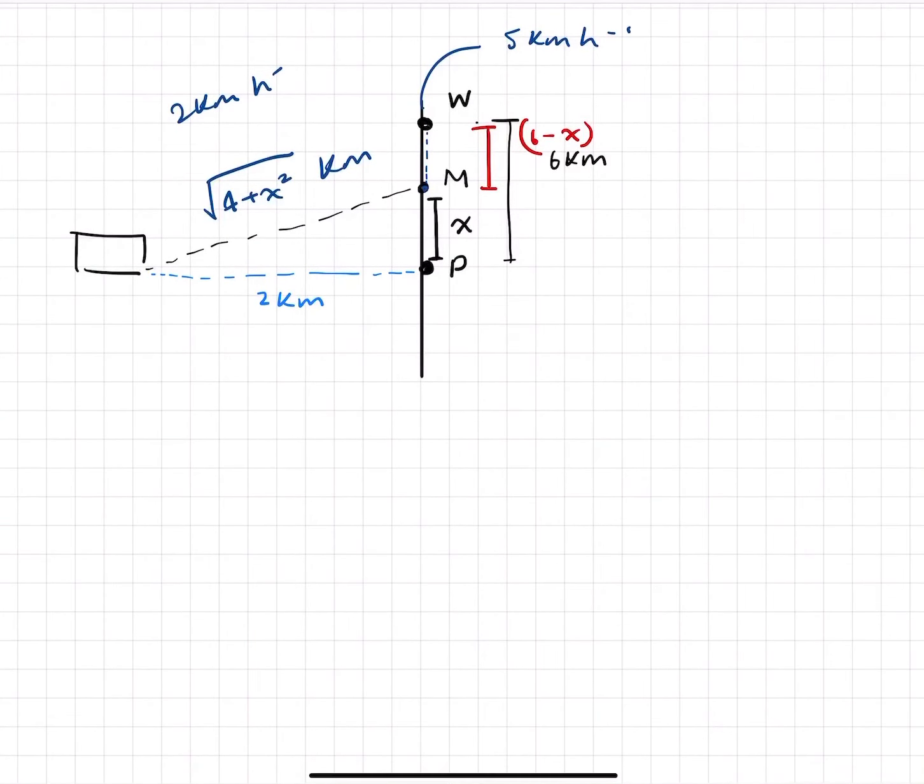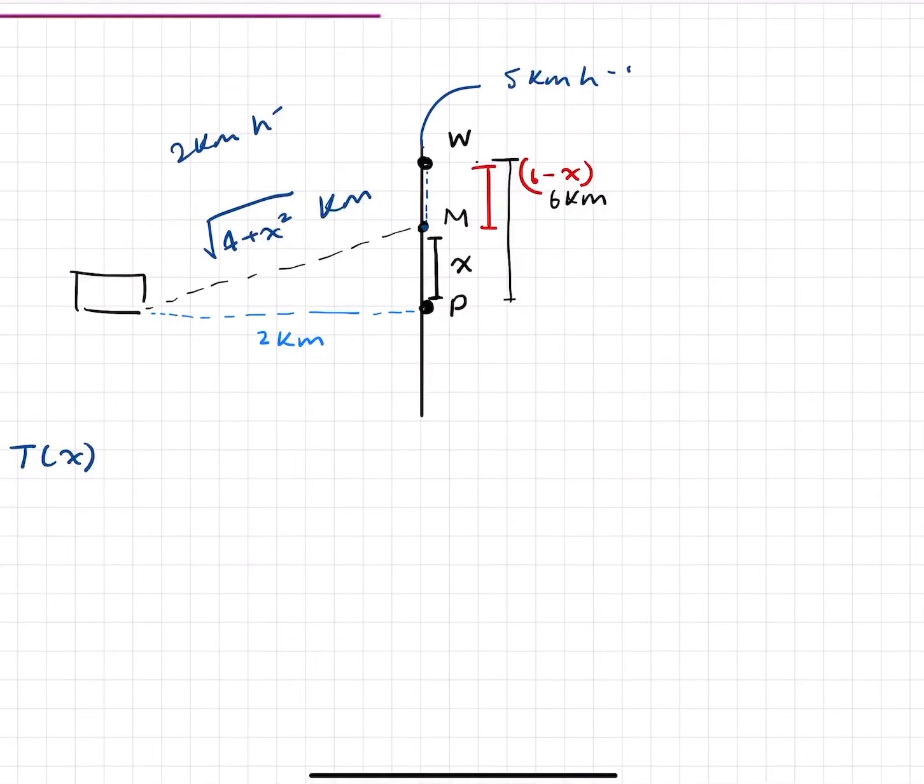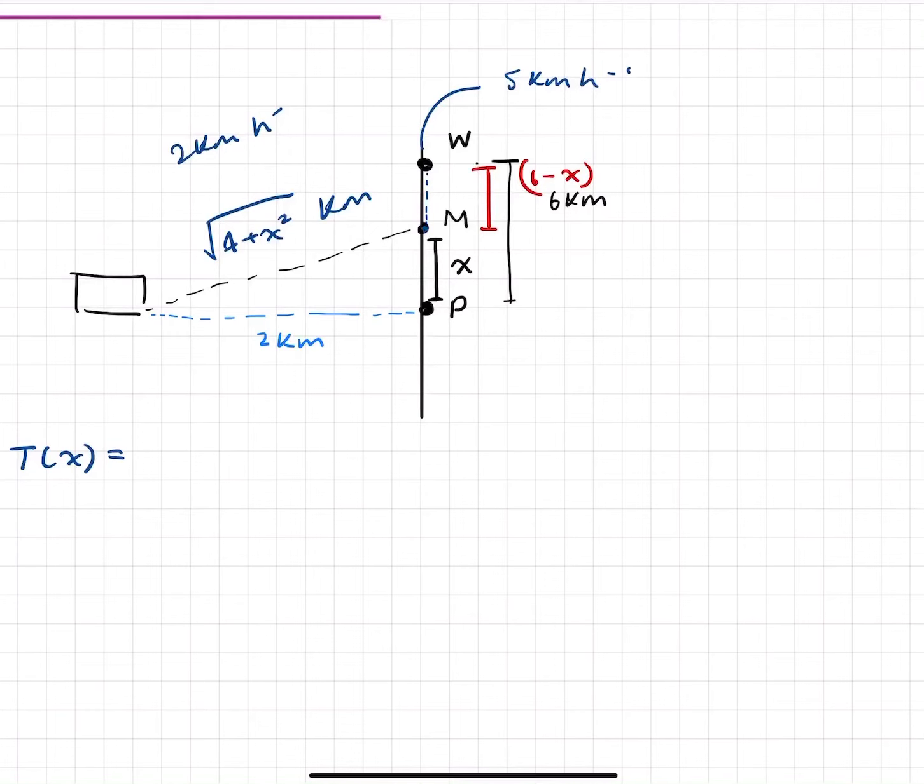So then we need to create a function which describes time as a function of x, which is what seems to be changing, or which we want to optimize. So time as a function of x is, first of all, the square root of 4 plus x squared km.